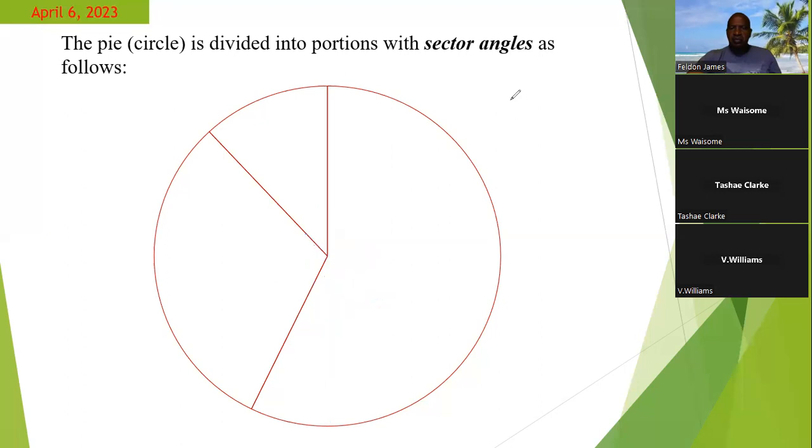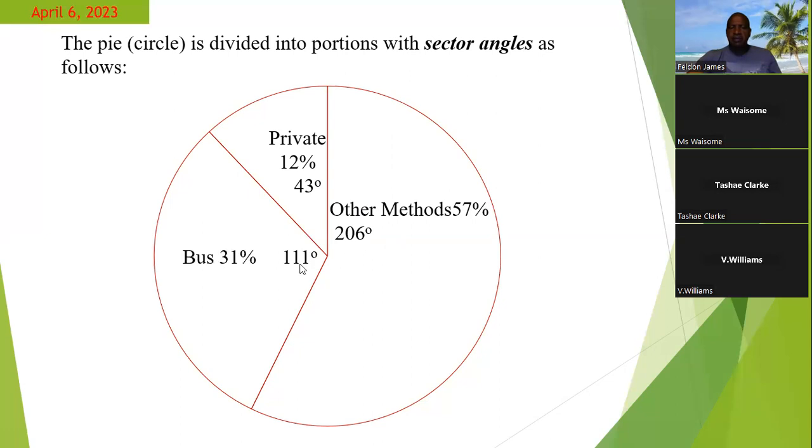I think you need to go back to the table that you had, sir. So for the angles for each portion, we need to label the sector for those portions. Yes, accordingly. So you would have this, which is 43 degrees, be the private; other method would be 206; and buses would be 111.